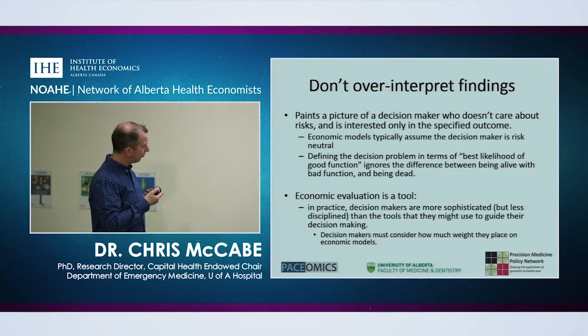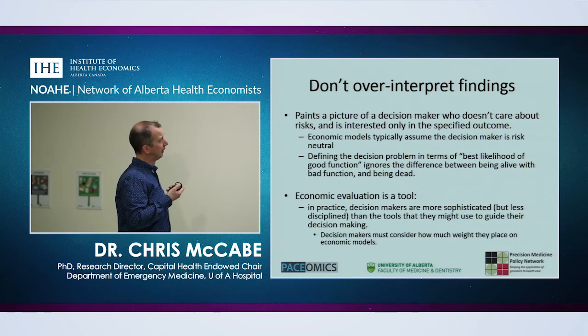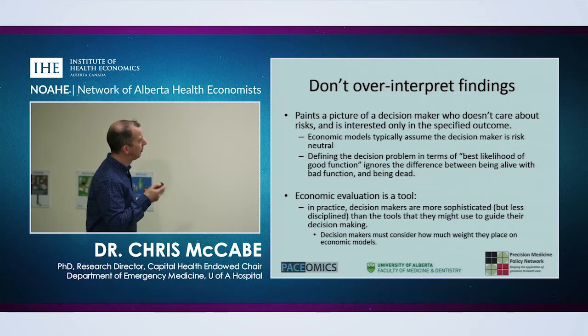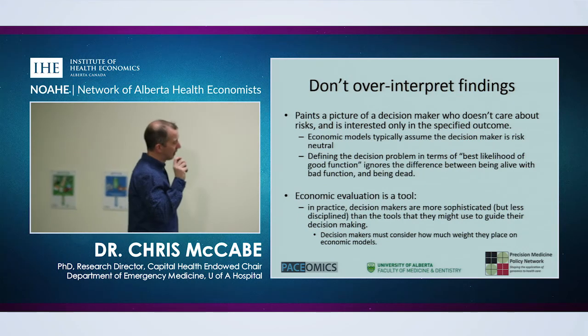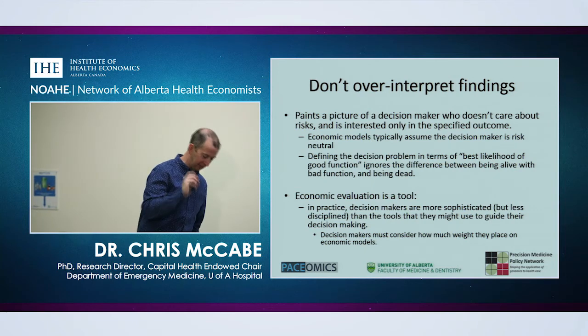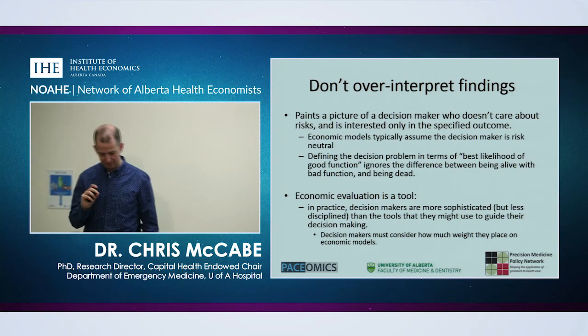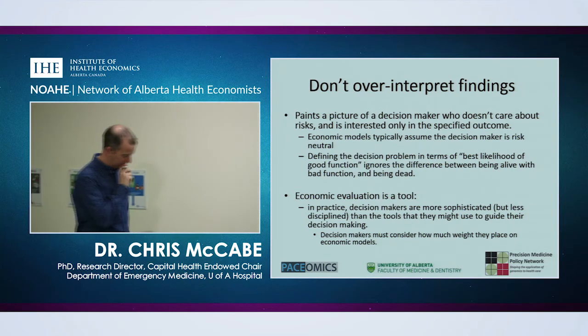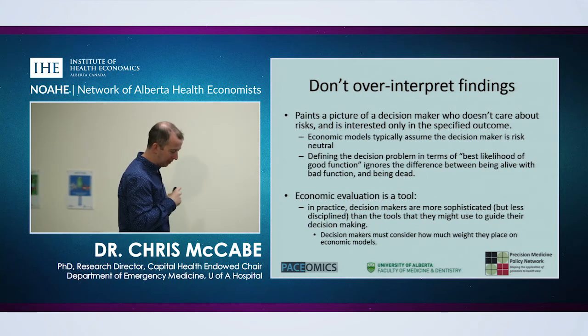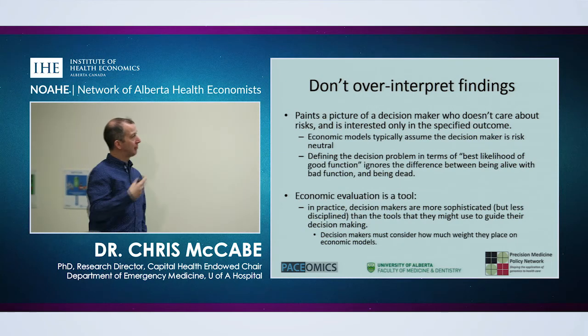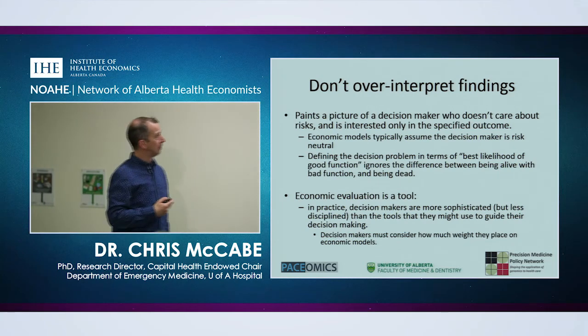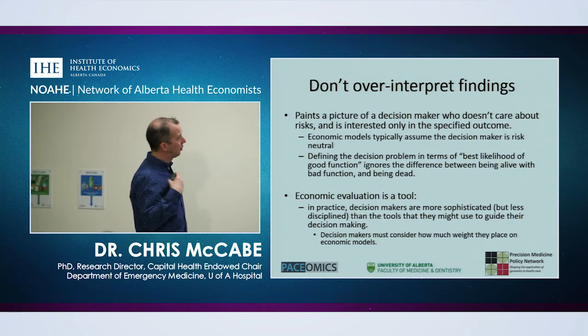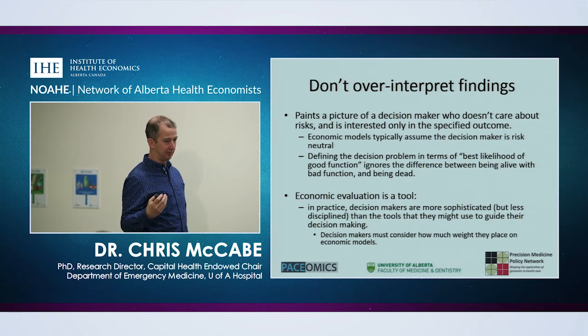And the decision problem, often here, have you got that defined correctly? In our simple model at the beginning of this, we had alive and dead. You can be alive in lots of states.